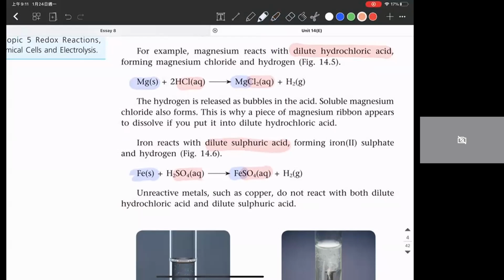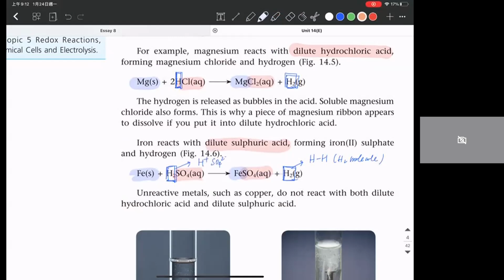So this is the hydrogen ion case. Hydrogen ions will form hydrogen gas, and the hydrogen ion here also forms hydrogen gas. Now remember, these 2 hydrogens are different. This is the hydrogen gas, a hydrogen molecule. But for this one, it is just hydrogen ion.